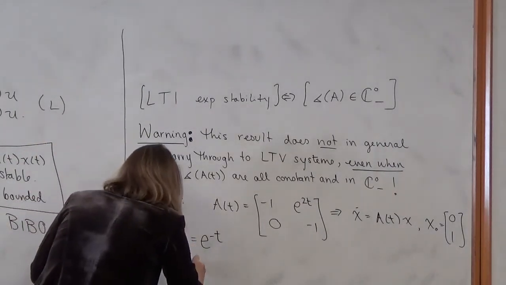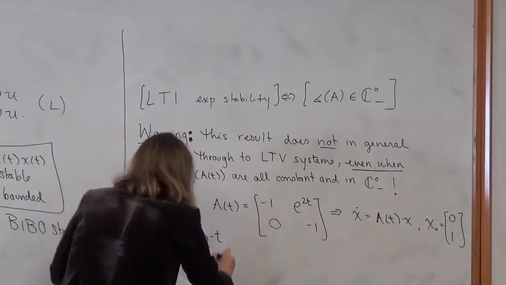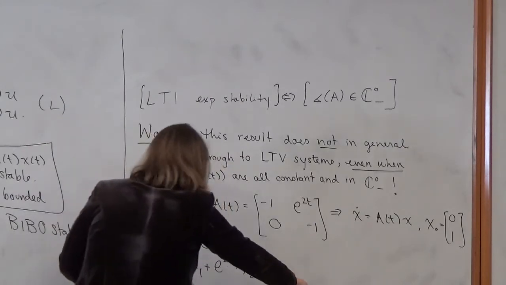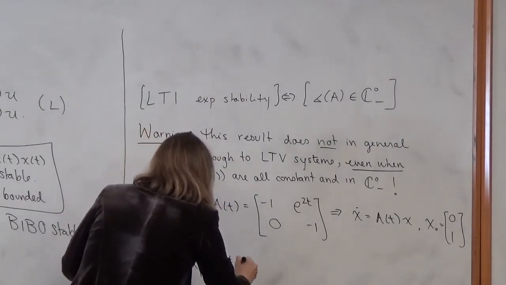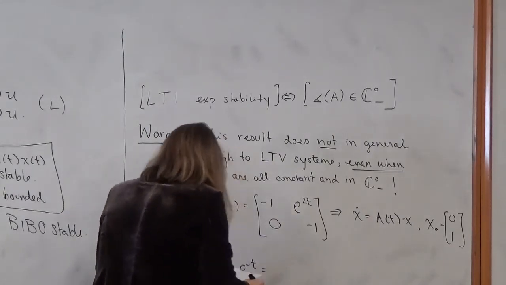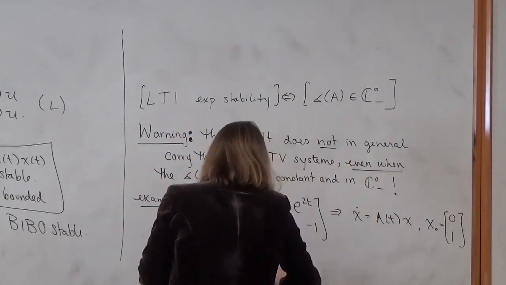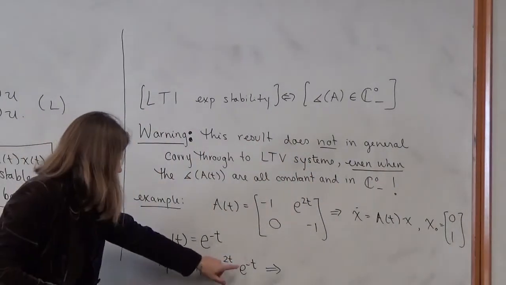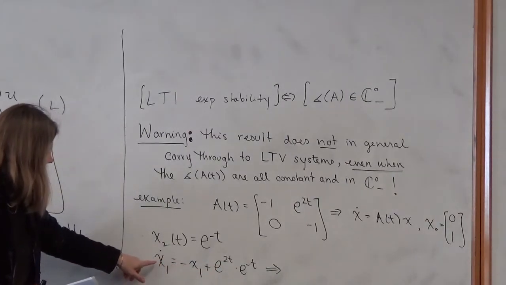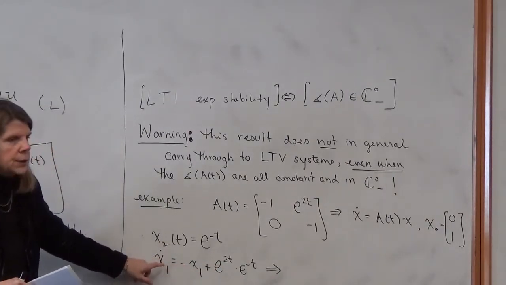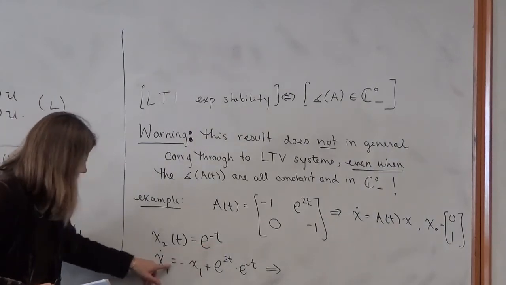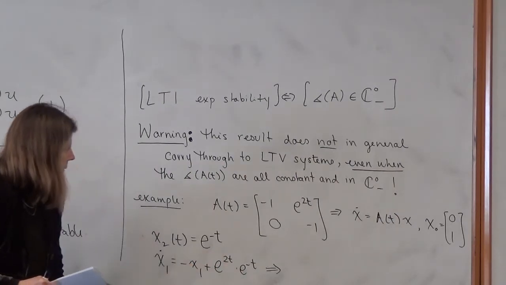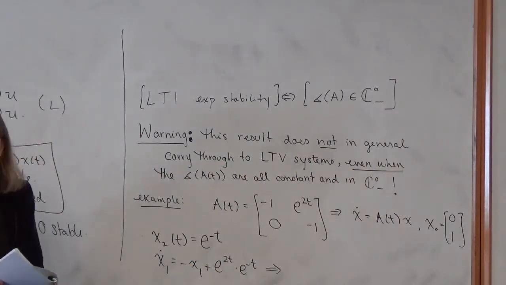Now we plug that in, so x1 dot is equal to minus x1 plus e to the 2t times x2 of t. That's e to the 2t times e to the minus t, so that's e to the t. I can solve this just like my regular first order linear equation driven by an input, which is an unbounded e to the t.